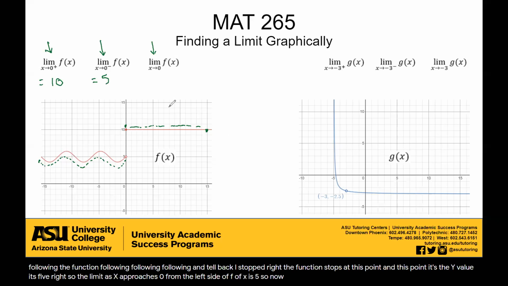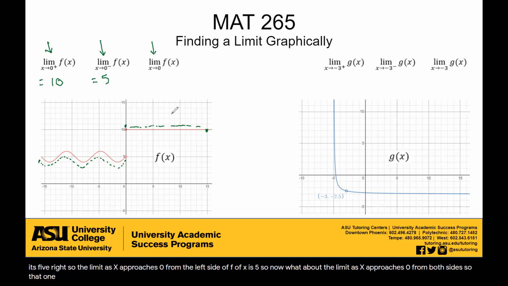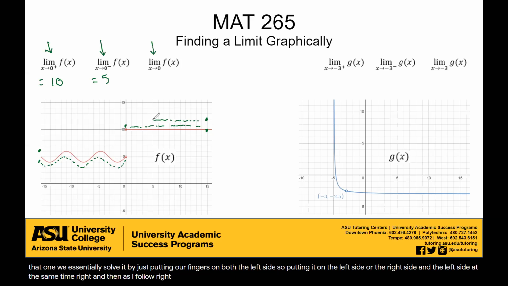So now, what about the limit as x approaches 0 from both sides? We essentially solve it by putting our fingers on the right side and the left side at the same time, right? And then as I follow from the right side, I get to 10. Remember, I follow from the left side, I get to 5.